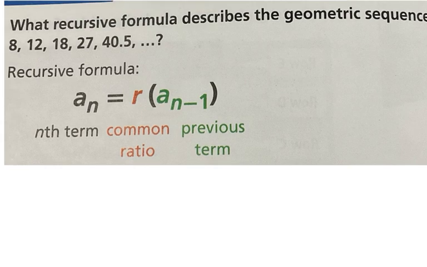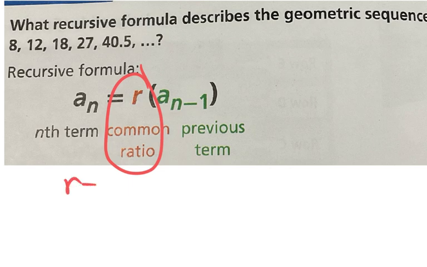So what would be the recursive function? Or let's start here. What would be the common ratio? 1.5. And how did you get that?